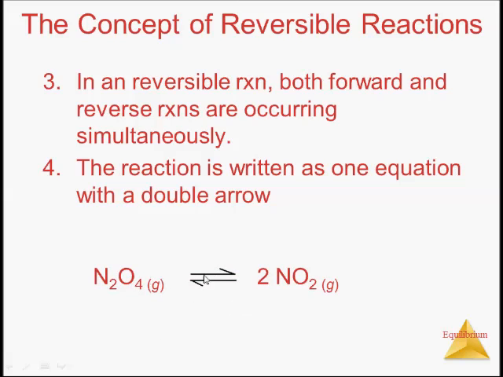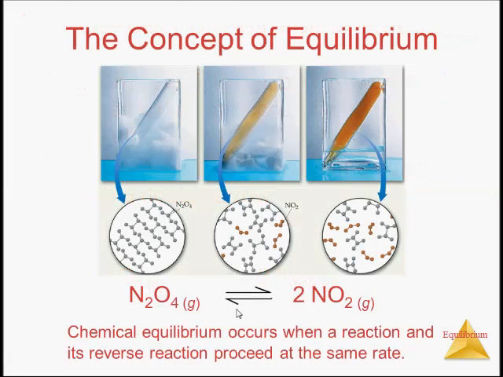The double arrows indicate that this reaction is occurring in both directions. Generally, we refer to the direction going from left to right as the forward direction, and the right to left direction as the reverse reaction or the reverse direction.